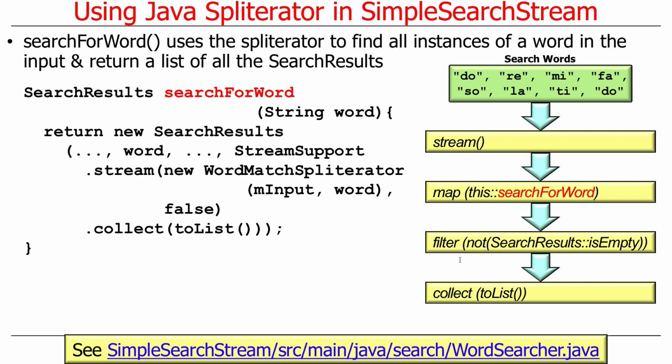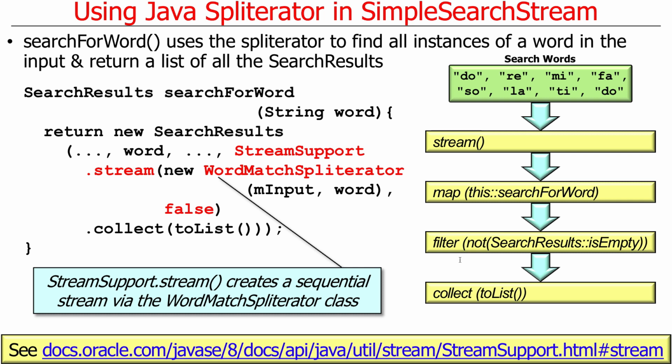This is where it occurs in the stream, and here is where the searchForWord method is defined. It's defined in the WordSearcher class. I'm not going to show you all of the code, but I'll focus on the key parts. searchForWord takes a string, which is the word we're looking for, and under the hood, it makes a new SearchResults object, which is what gets returned here. That SearchResults object will contain the input string, the word we're looking for, something called the title, a few other things.